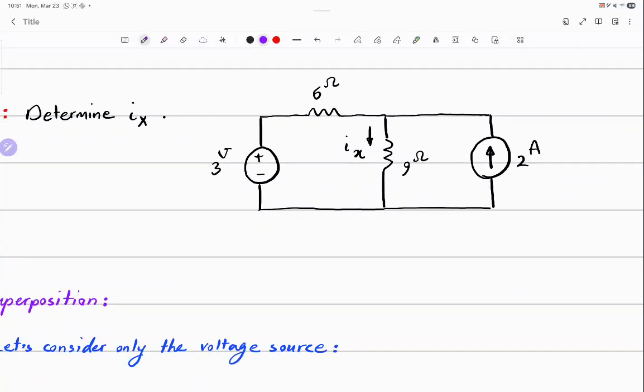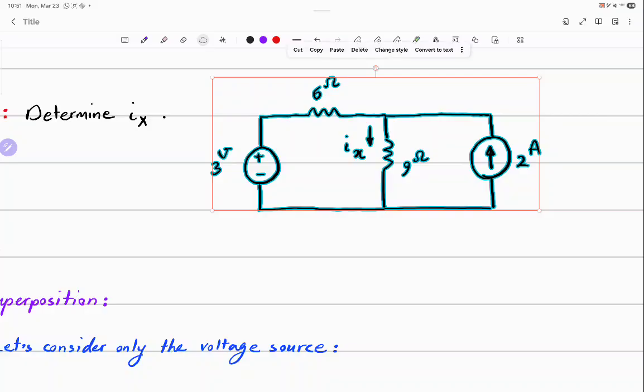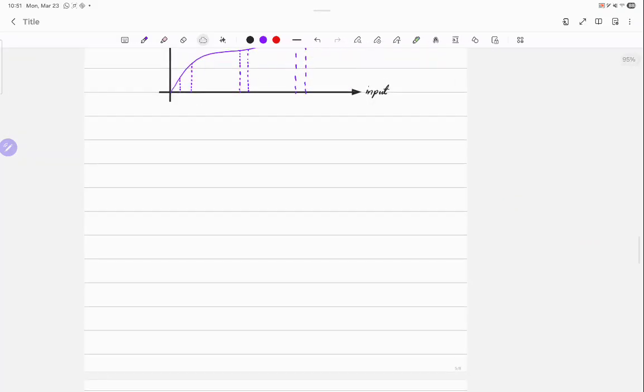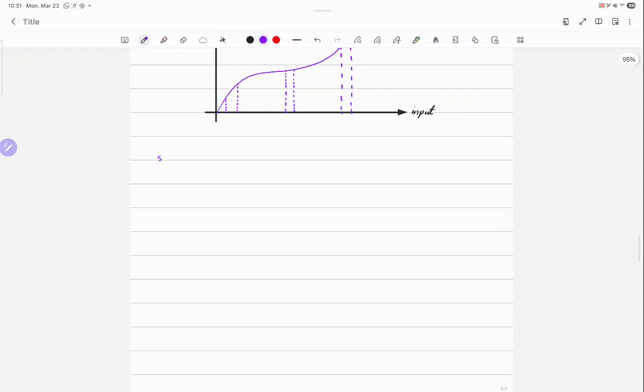Let's get back to our example and solve the example without superposition.